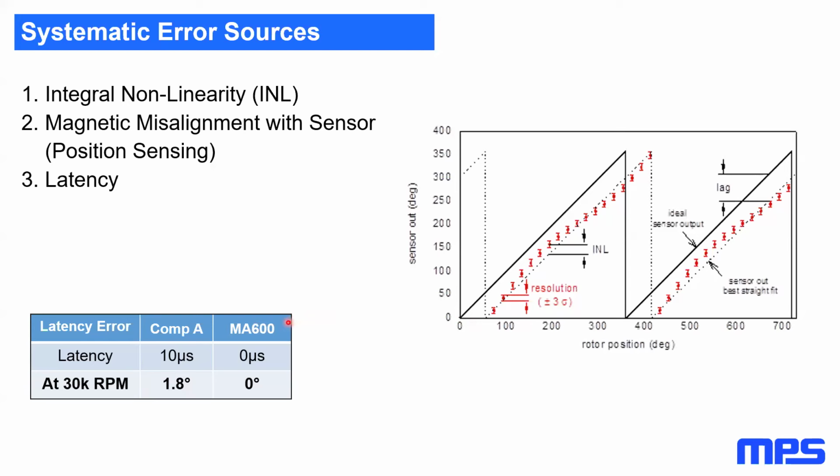We normally assume a motor, and it will calibrate that immediately back out, so you get a zero degree latency. That can be done on some of our sensors. That can also be done off board on your microcontroller for any generic sensor. So those are the systematic error sources.